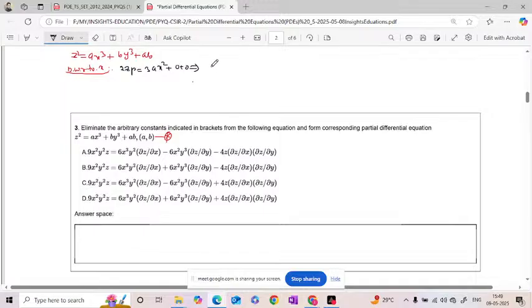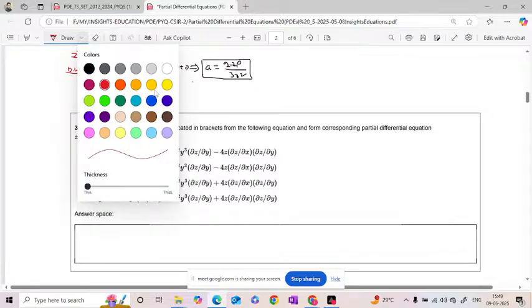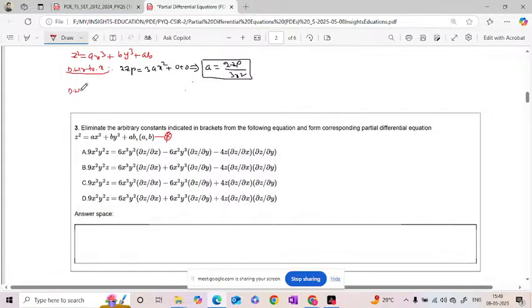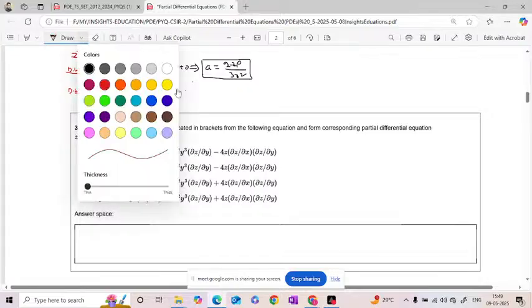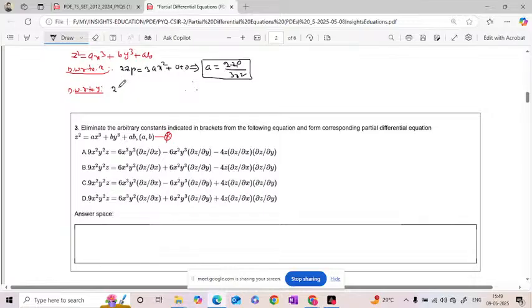That means here we'll get a is equal to 2zp by 3x square. After differentiating with respect to y, next one, here we will get the equation 2zq is equal to 3by square. Now here we will get b is equal to 2zq by 3y square.